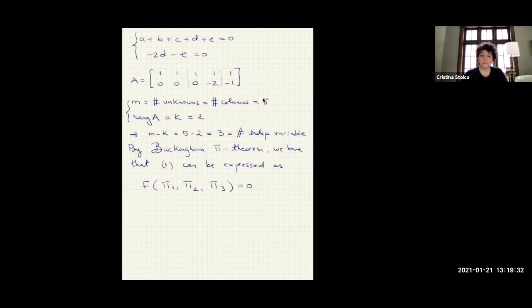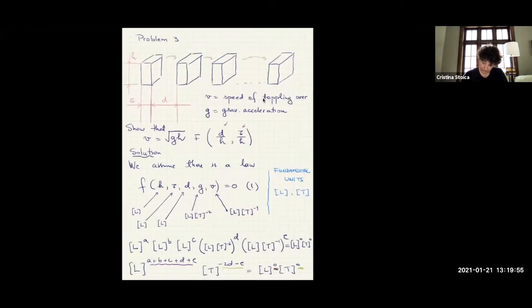Let's call them pi 1, pi 2, pi 3, are adimensional, or non-dimensional is the same thing, variables given by combinations of the initial variables in the initial relation 1, so combinations of h, tau, d, g, and b.